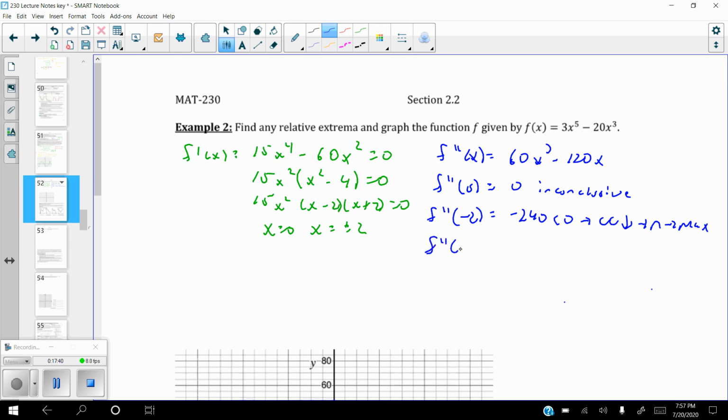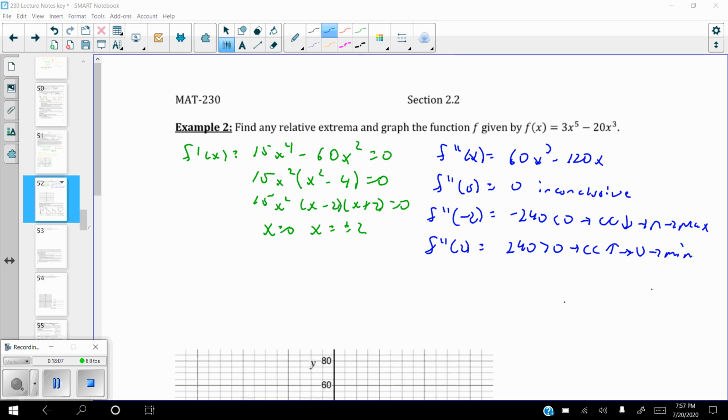If x is +2, and we plug that one in, I believe that's just the opposite, it's +240, which is greater than 0, which means concave up. So it looks like a smiley face, and that means we have a minimum.